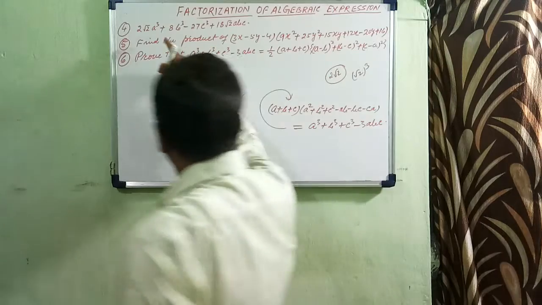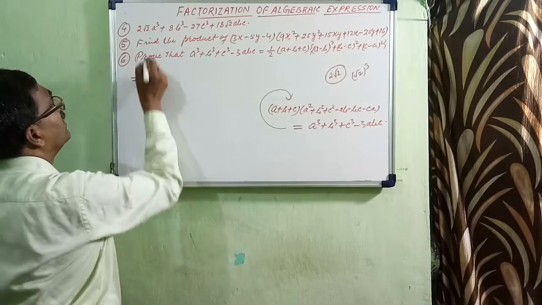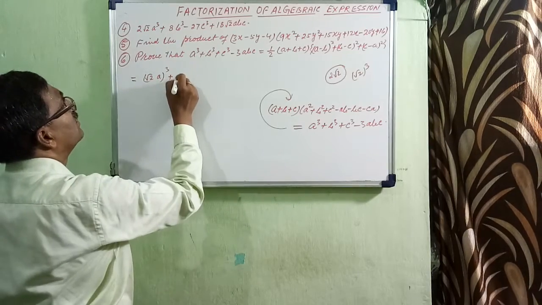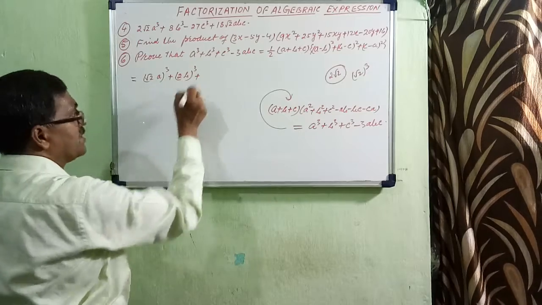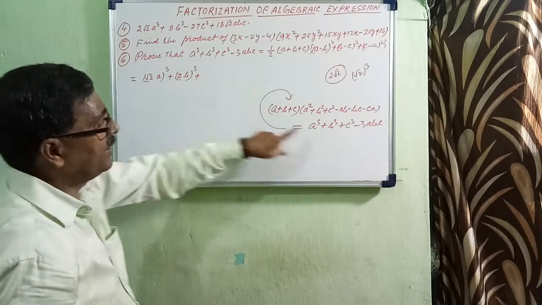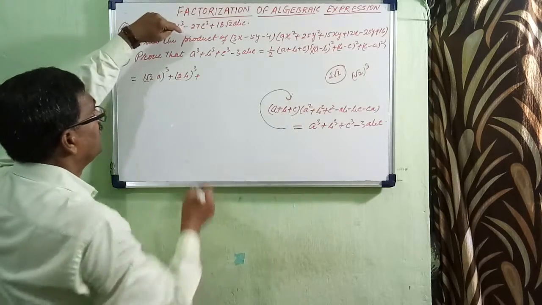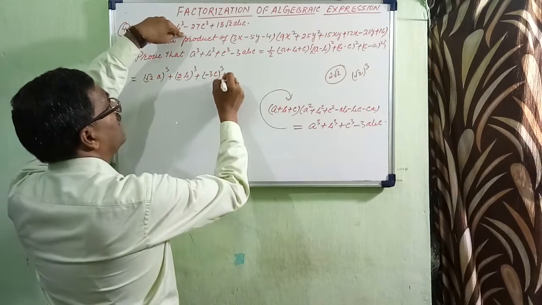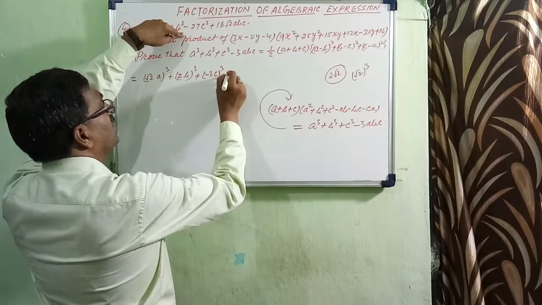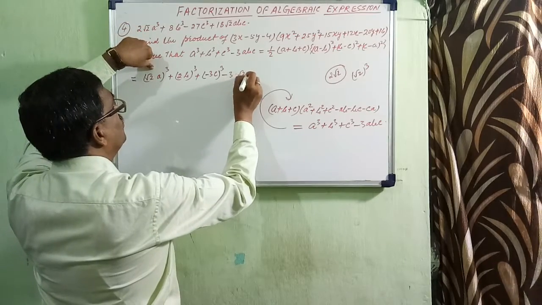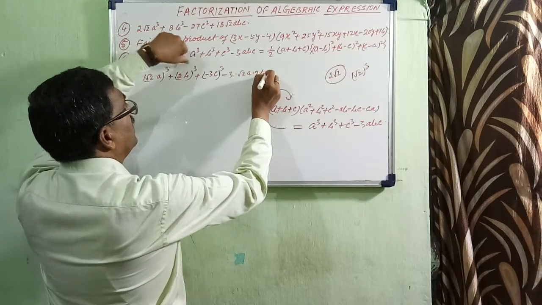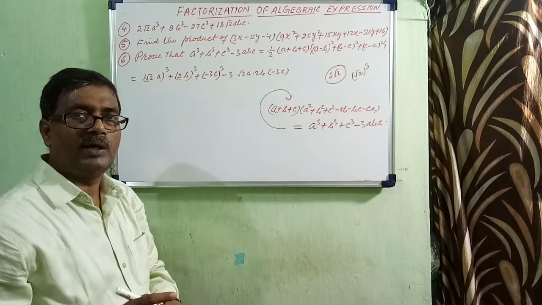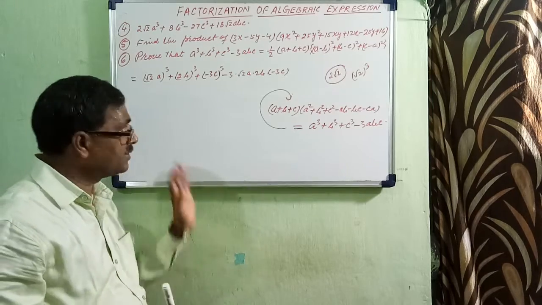Now here we can say (root 2 a) whole cube plus (2b) whole cube plus, because you know that a cube plus b cube plus c cube, so this can be written as (minus 3c) whole cube, and plus minus 3 into root 2a into 2b into minus 3c. You write exactly in the form of the identity.